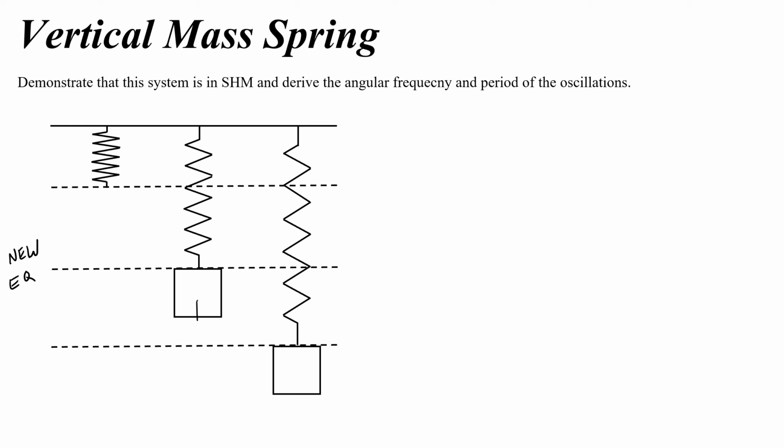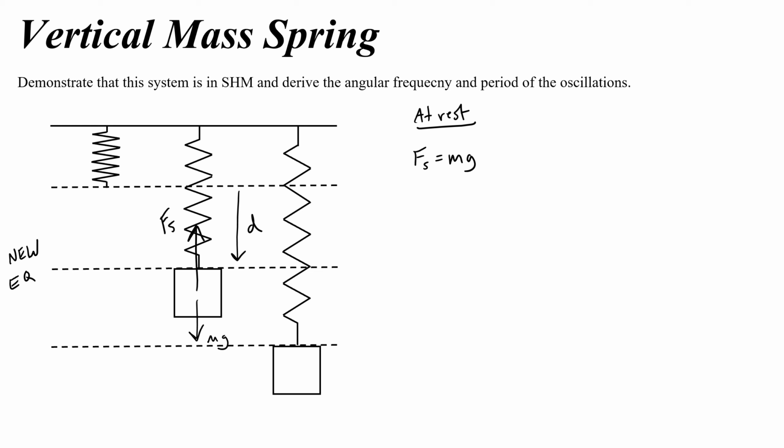To start, let's define some variables here. We have this box, and it's going to have some weight mg going down. And when you stretch the spring a distance d so that it's at a new equilibrium, there's going to be a spring force acting up. In this situation, when they're at rest, the spring force is equal to the weight mg.